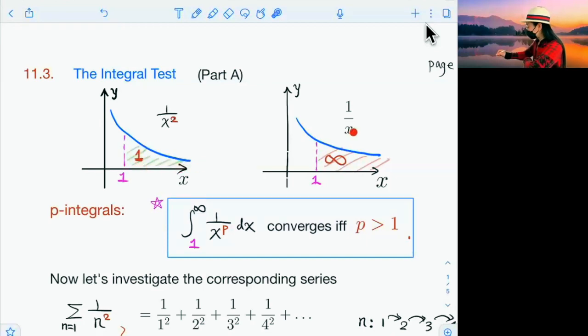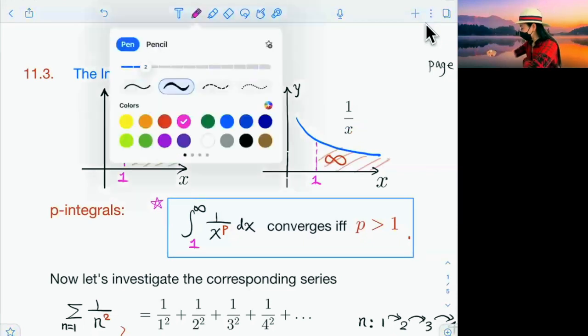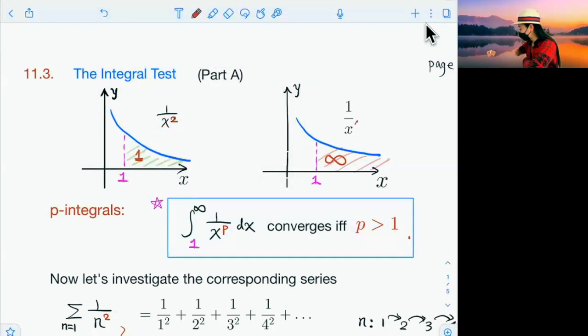But then here, the p, the exponent on the x in the denominator, is 1. P equal to 1 is not strictly greater than 1. And that integral, which corresponds to the area under the curve from 1 to infinity, actually diverges. It diverges to infinity.